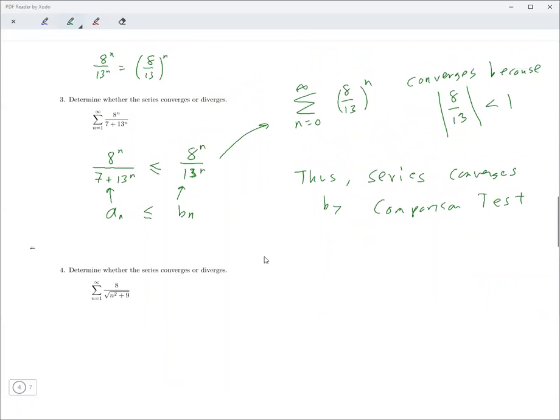Okay, here's number 4. Let's take a look at that one. Like I said, a good place to always start is to focus on the highest ordered terms, the largest terms.